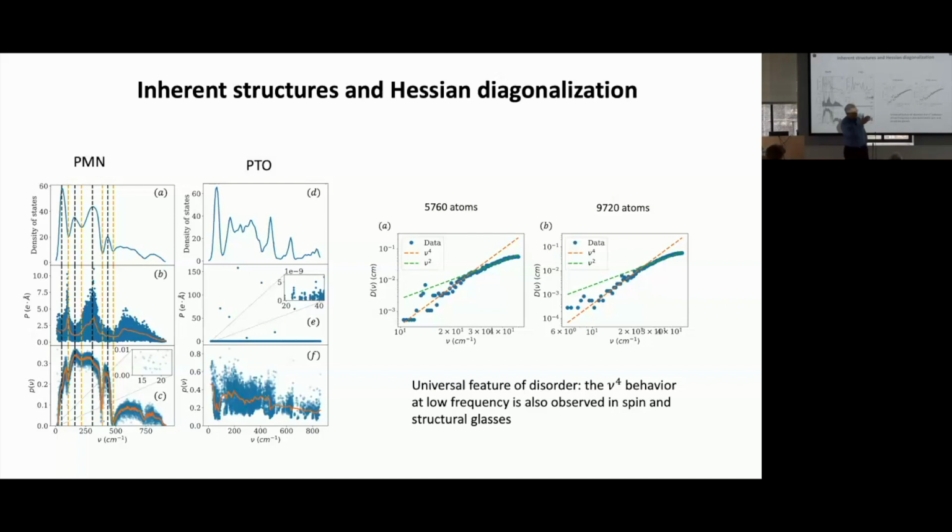We could do it in the PTO, but in KDP it's difficult because the estimator for the heat capacity when we use the path integral formulation has a lot of noise, and so we couldn't get the result for that so far.